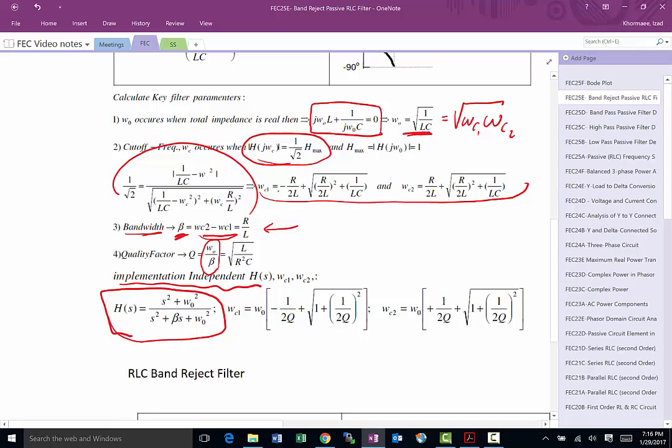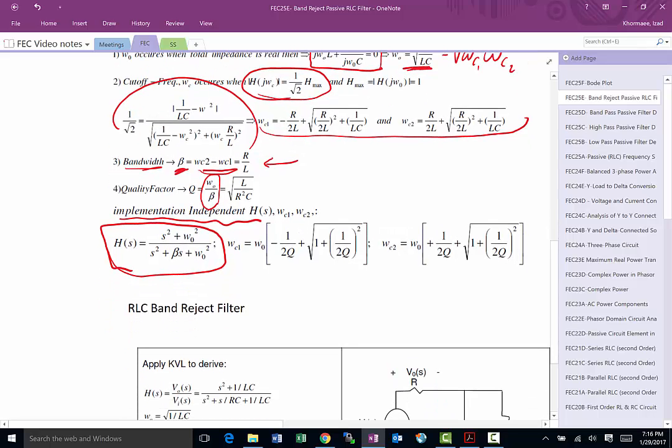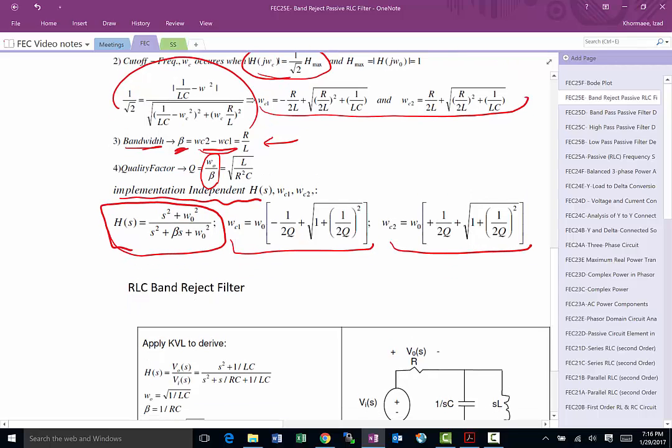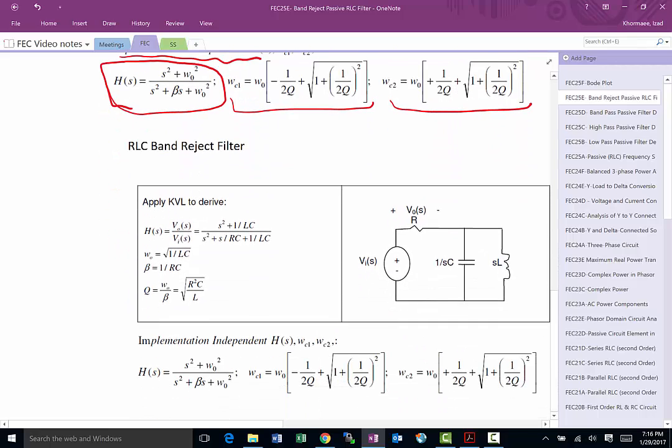The only thing that's implementation dependent at this point is beta. We can also find omega C1 and omega C2 as implementation independent. Beta and Q will change, but at the end of the day, these equations are the same regardless of how you've designed your band reject filter, active, passive, or otherwise.